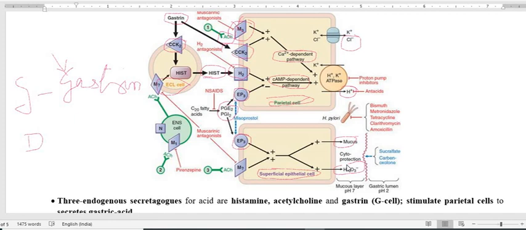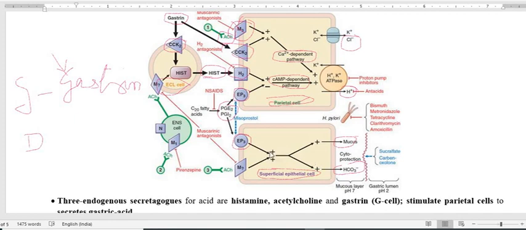The released mucus is going to cover the mucosa layer of the gastrointestinal tract, and therefore acid will not digest the layer of the gastrointestinal tract, and it also inhibits digestion by the enzyme pepsin. So that is why it is called a cytoprotectant.